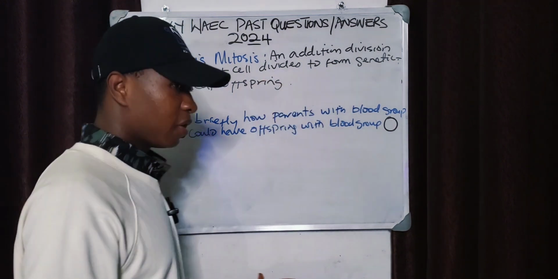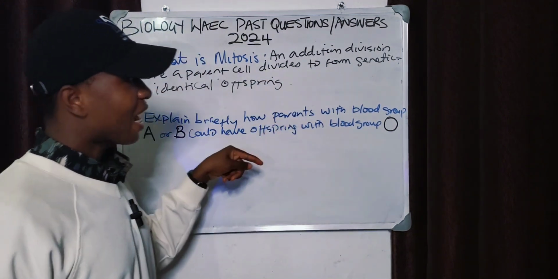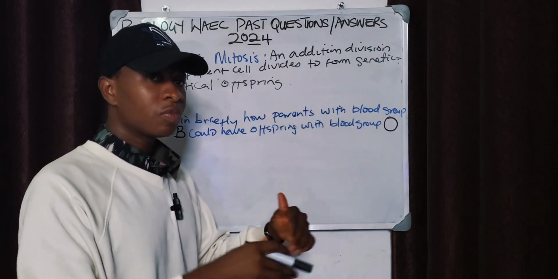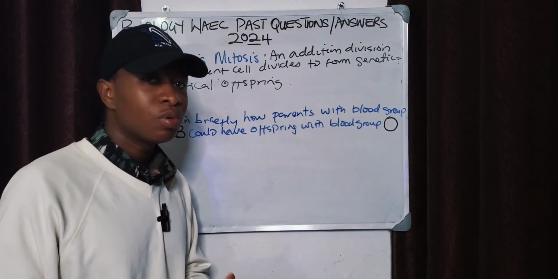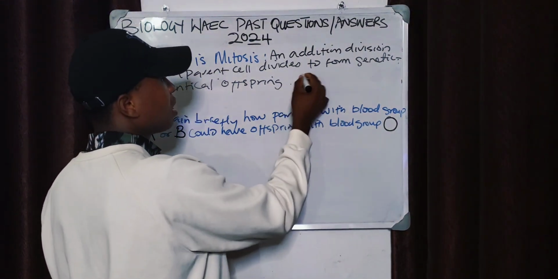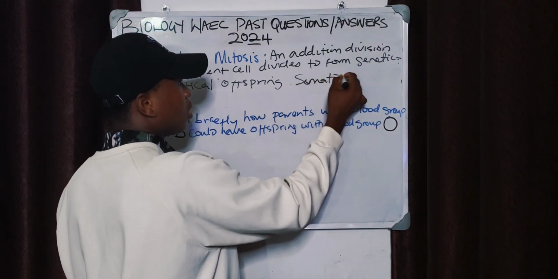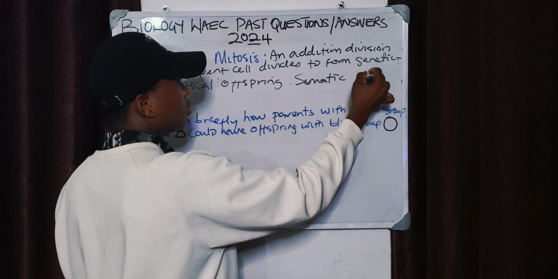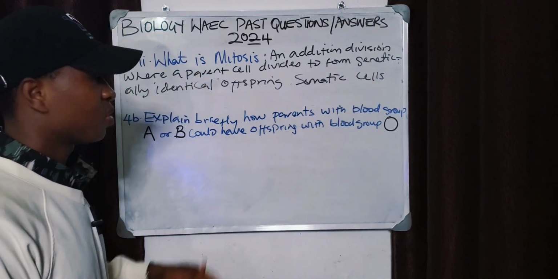Okay, so different definitions of mitosis, but the idea is that the division gives rise to genetically identical offspring. Okay, and it mostly takes place in somatic cells. Somatic cell, that's body cells.